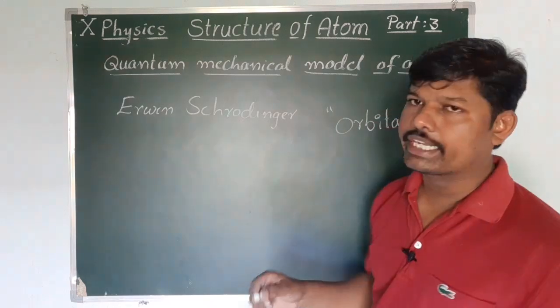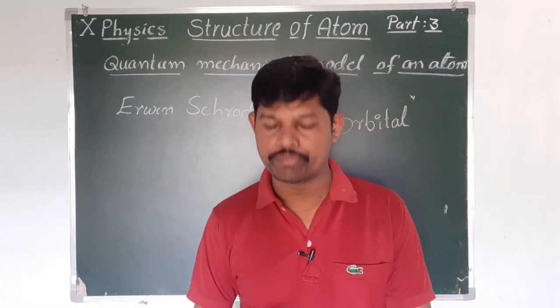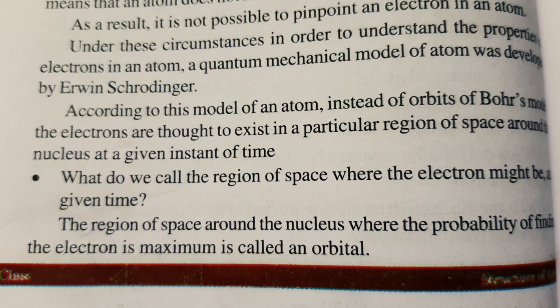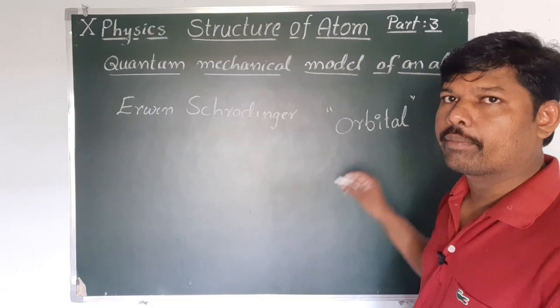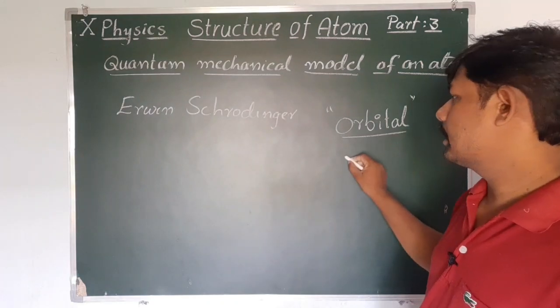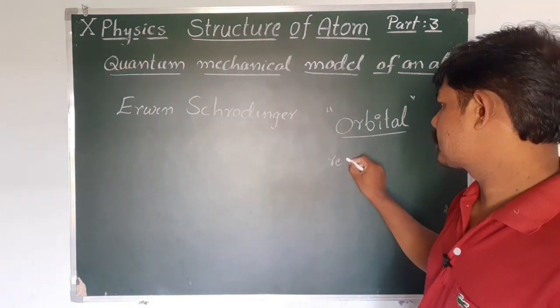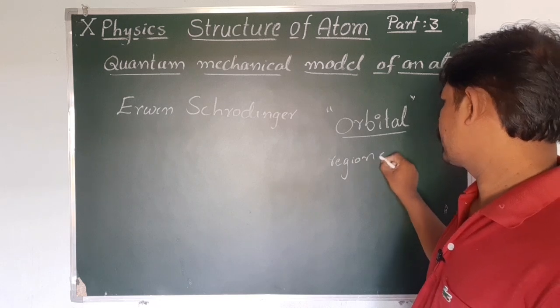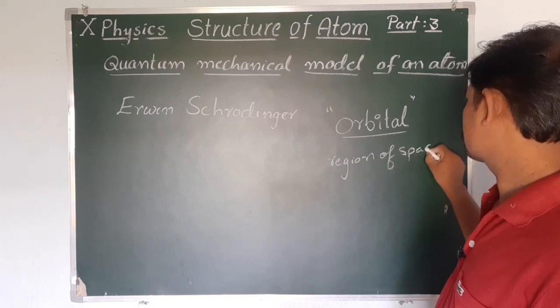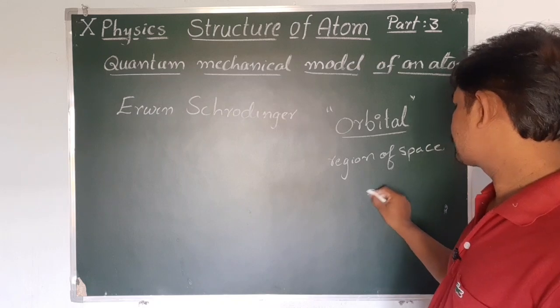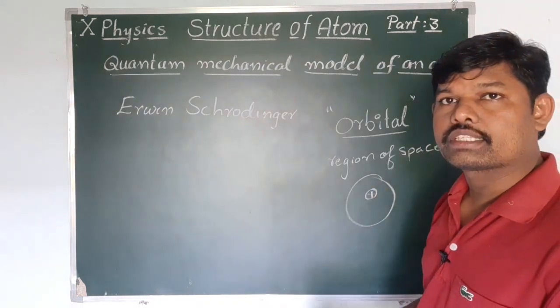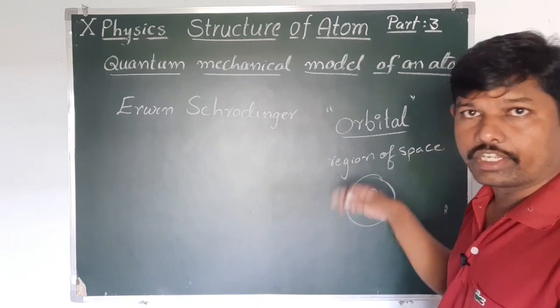So what is an orbital? Let us see the definition. The region of space around the nucleus where the probability of finding the electron is maximum is called an orbital. An orbital is a region of space around the nucleus, a certain three-dimensional region.